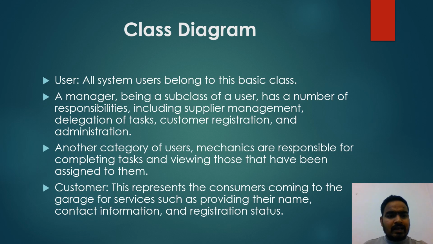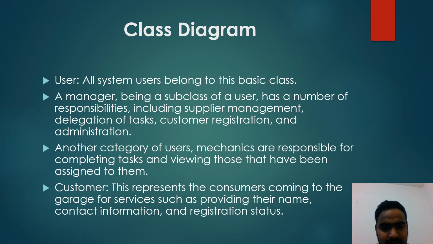And also the class diagram: all system users belong to the base class, and the manager, mechanic, customer, and vehicle, all explain the class diagram. Another category of users, mechanics, are responsible for tasks, which I would explain about the class diagram, all the matter in this class diagram.